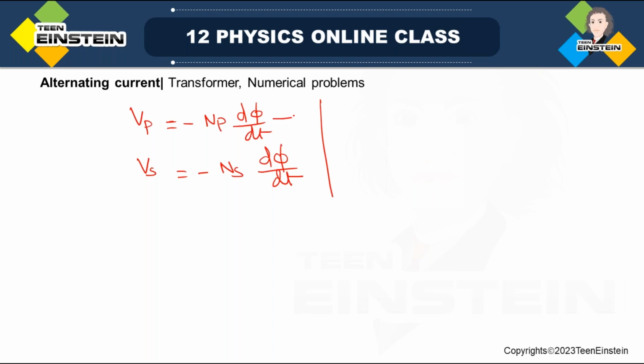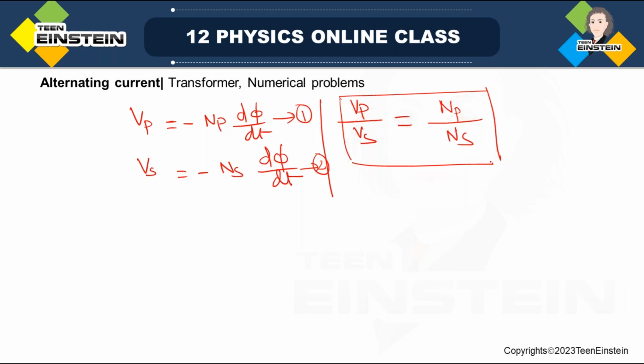Now if we give numbers to these equations and take the ratio VP by VS, what do we get? These d phi by dt are actually the same, so we get NP by NS. So VP is directly proportional to NP, and VS is directly proportional to NS. Suppose this is equation number 3.